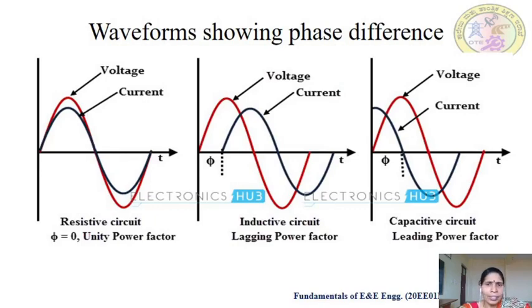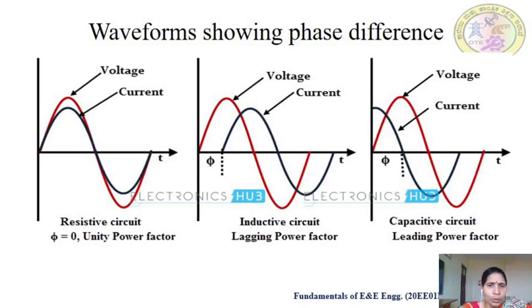So let's summarize. In this AC fundamentals chapter, we are going to learn the definitions of various terminology. The instantaneous value of voltage and current. Amplitude: what is amplitude? It is the maximum value reached by an alternating quantity, either in positive or negative directions.